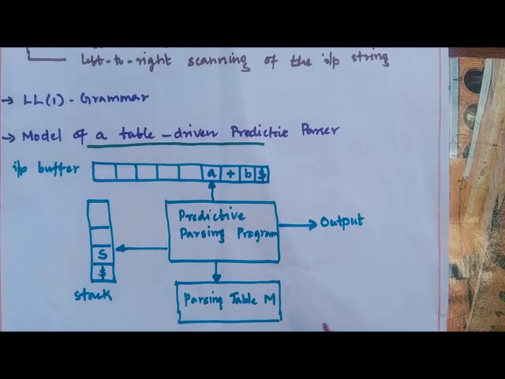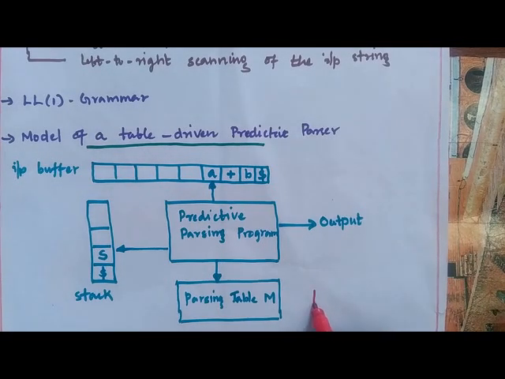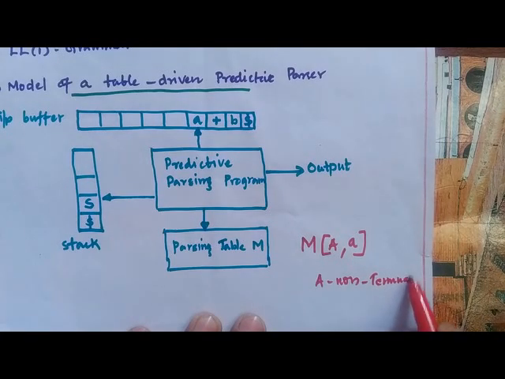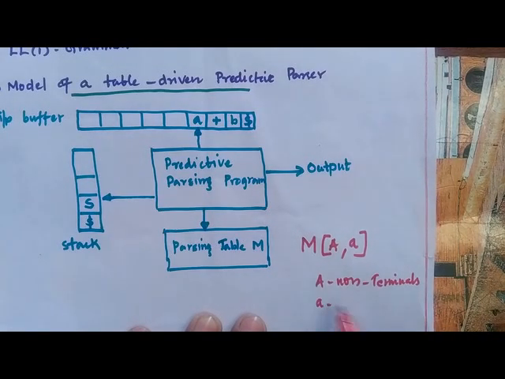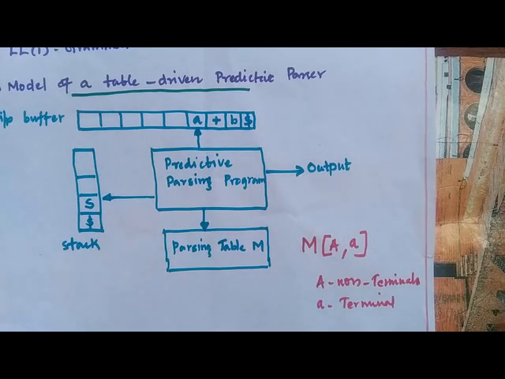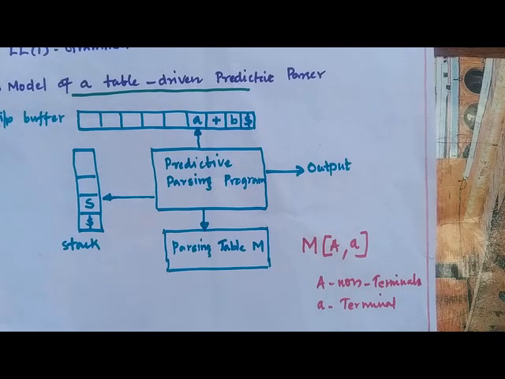One entry in the parsing table can be referred to as M of A, a, where A is a non-terminal and small letter a is a terminal symbol. M of capital A, small letter a contains some production, and the parser will use that production to perform the action.